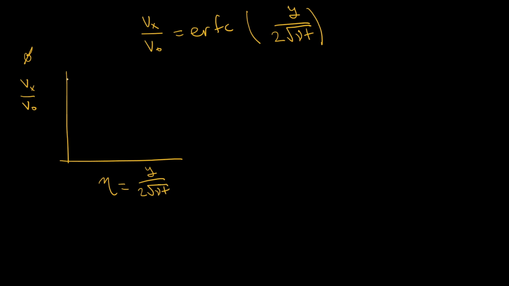The function ends up looking something like this, where here's 1, 0. What's interesting about this is that as you change the different parameters, for instance, as you change time and you increase time, the overall shape of the function will be very similar. And similarly, if you change the distance away from that plate you are, and then you change time, all of these functions are going to have a similar downward sloping curve.